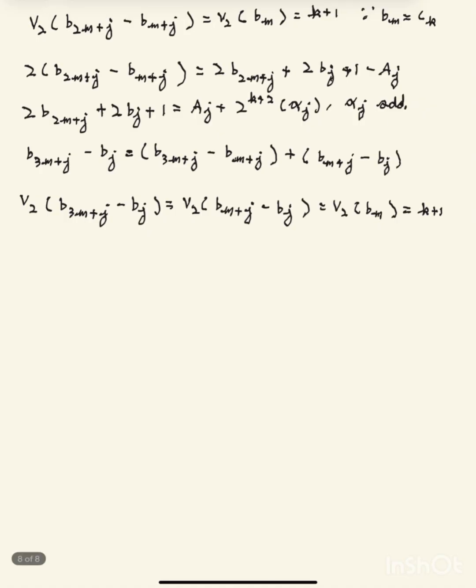And once again, we can rewrite 2 b_{3m+j} b_{m+j} plus 1 as a_j plus 2 to the k plus 2 times beta_j, with beta_j odd, because you can always just rearrange this.